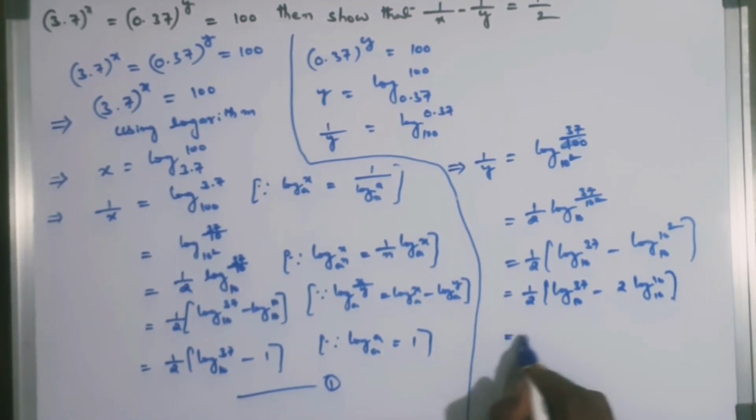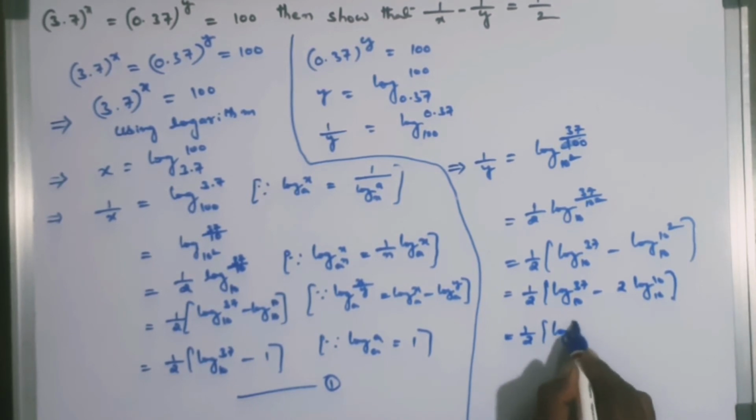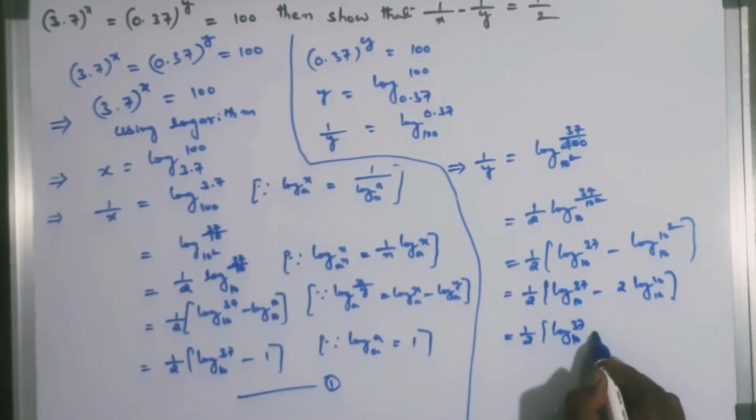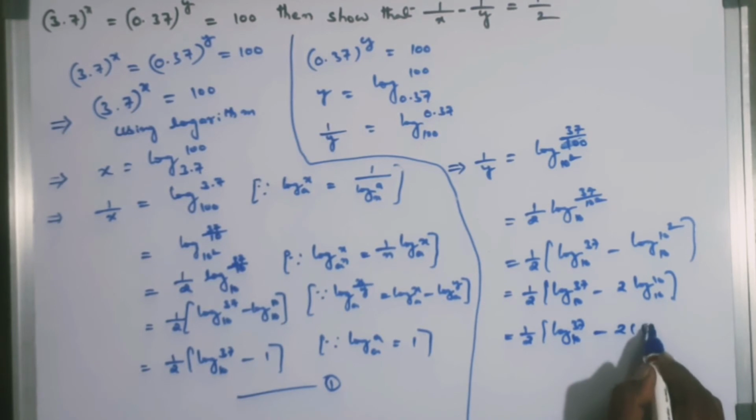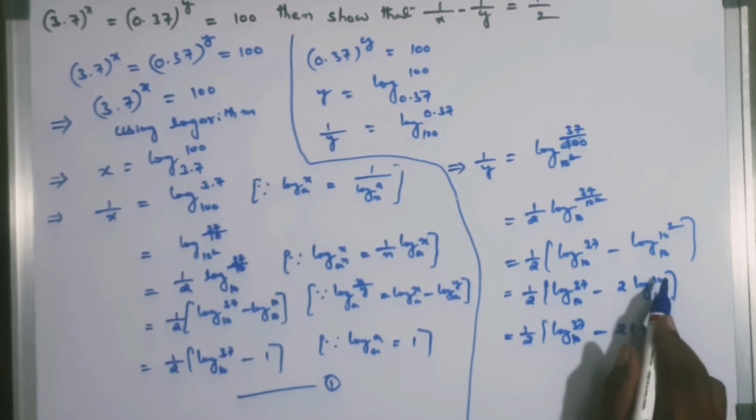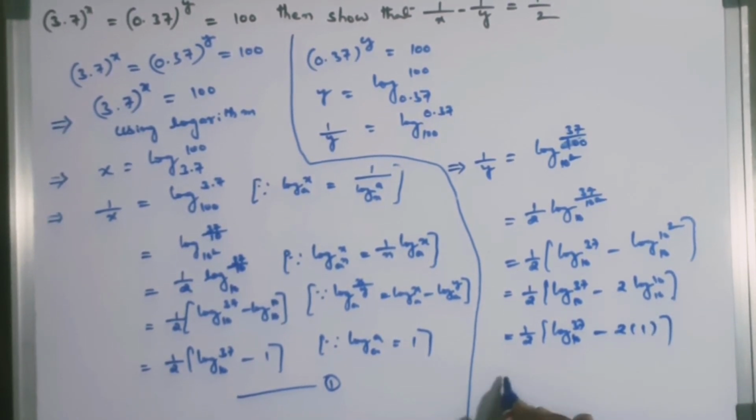So which implies 1 by 2 of log base 10 to 37 minus 2 into 1. You know why I am writing? Because log base 10 to 10 is 1. 2 into 1, 2 itself. 1 by 2 of log base 10 to 37 minus 2.